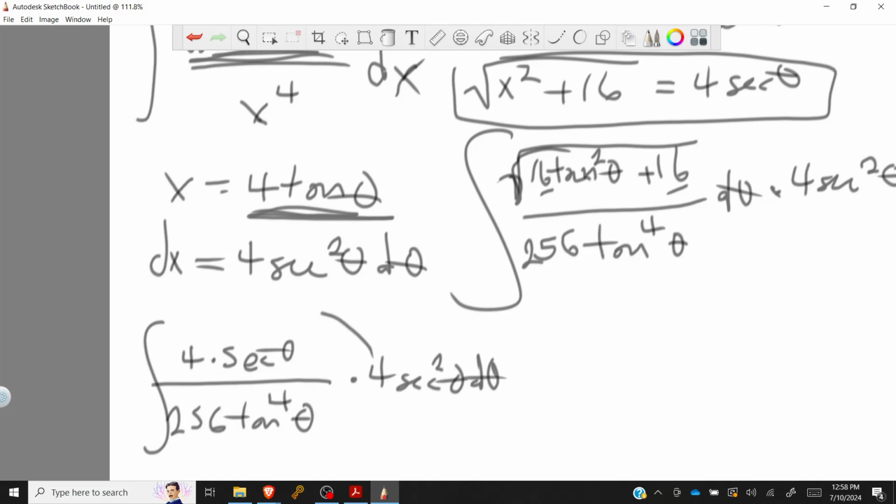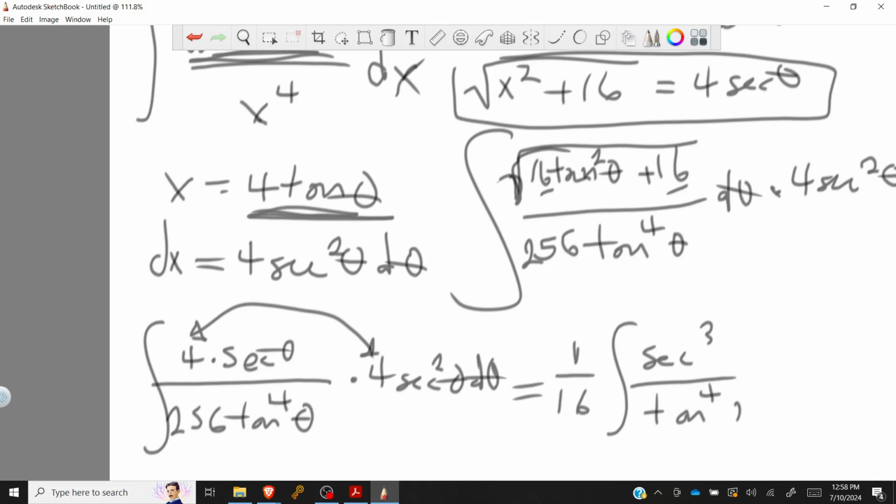So these 4s are going to multiply to become 16. 16 over 256 is equal to 1/16. So I'm going to pull that out in the front. And then we're left with secant cubed over tan to the fourth.